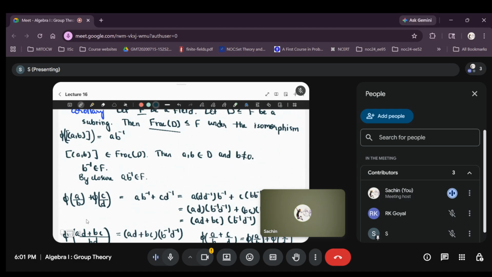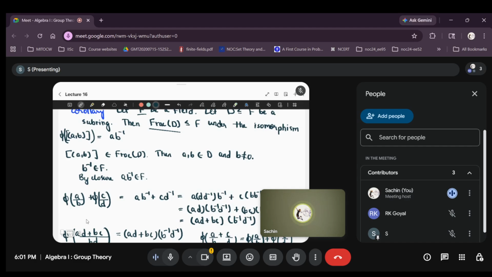So what it actually means is that you have a field, you get a subring of that field. Subring, not necessarily a subfield. It's only a subring of that field.